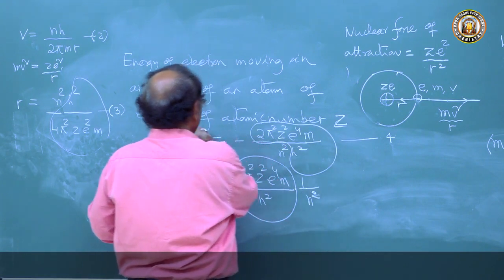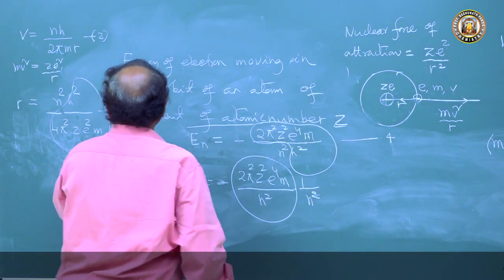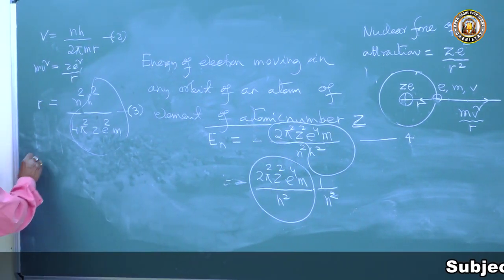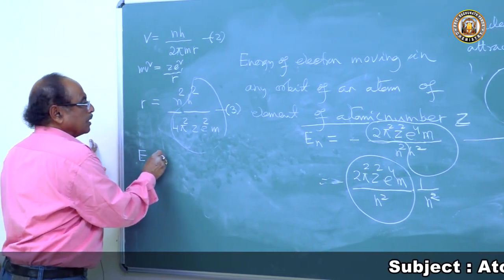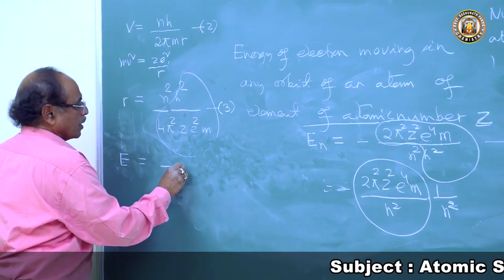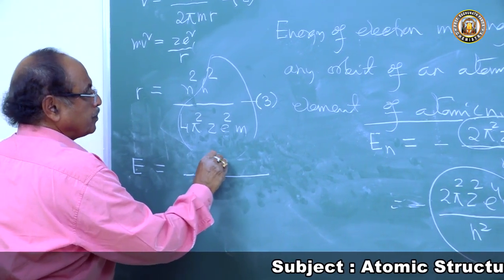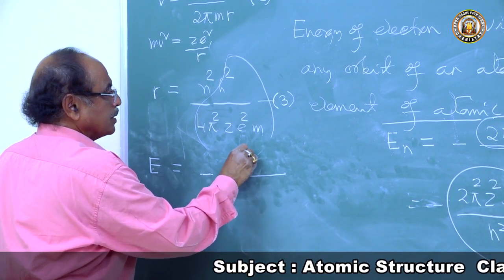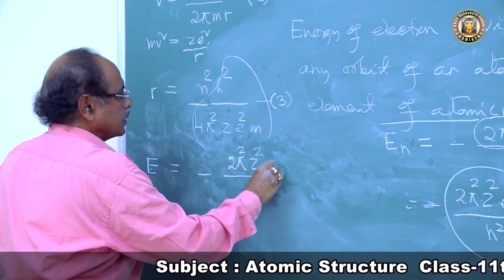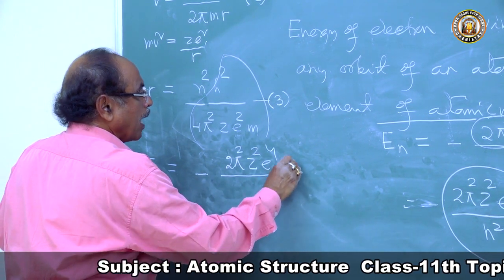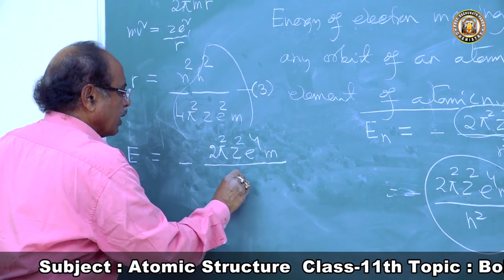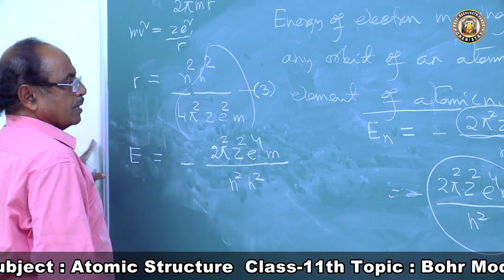Now this is a very important equation. Now we got here E, the energy of the electron, E is minus 2 pi square Z square e fourth m by n square h square. So this is our equation 4.